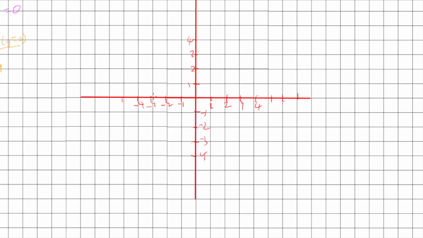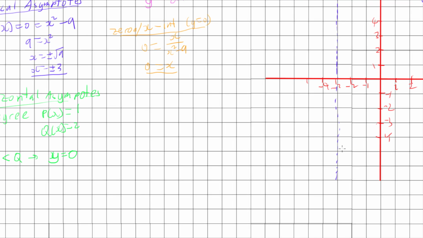I'll put those on as vertical dotted lines, one at x equals negative 3, and one at x equals 3, if I can make it a little bit straighter. So another vertical asymptote at x equals 3.